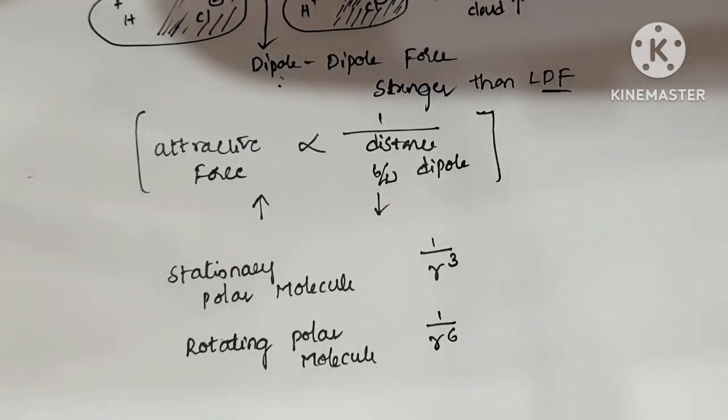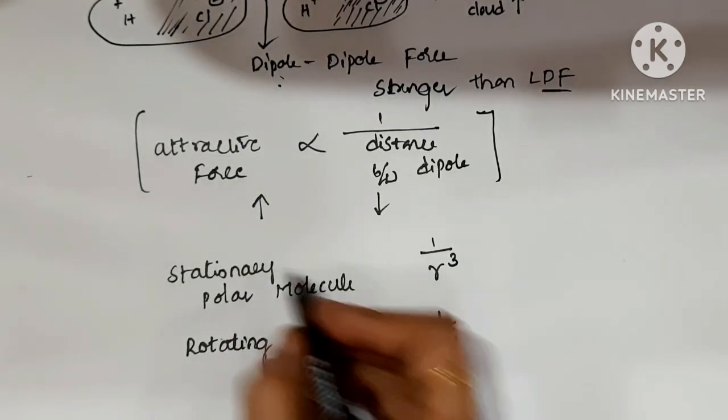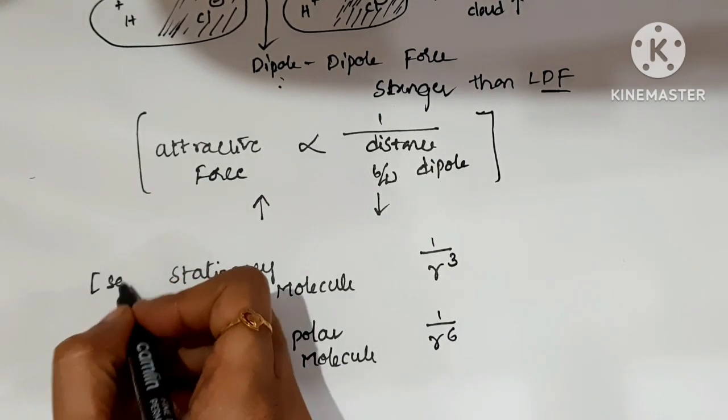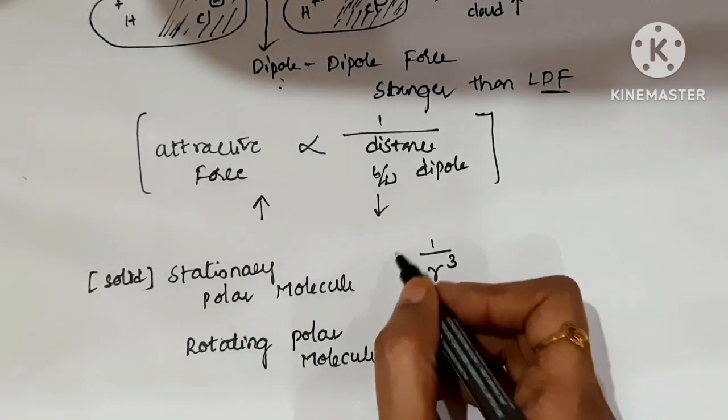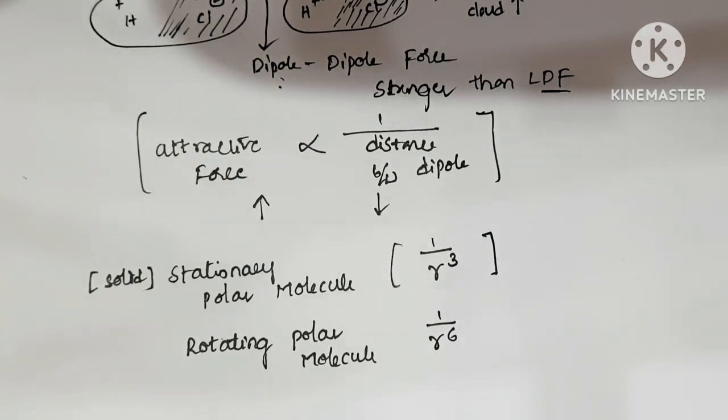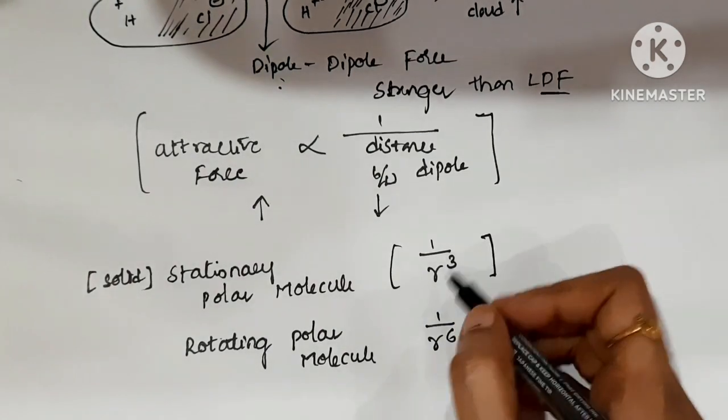What are stationary polar molecules? Stationary means solid state. In solid state, the polar molecules possess this type of attractive forces, 1 by r cubed.